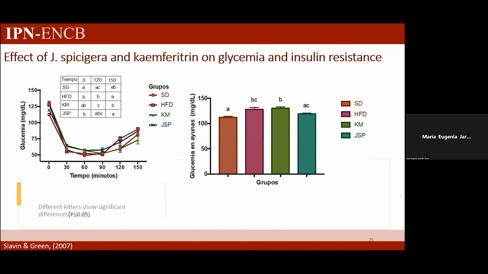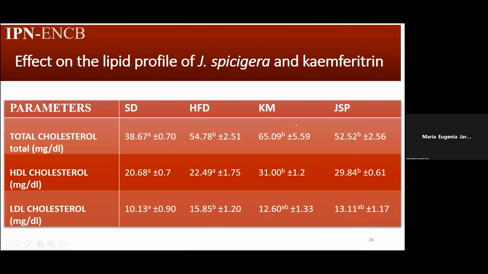In the case of glycemia and insulin resistance, we found that the best treatment was the Justicia spicigera plant, and we didn't find any difference with the kaempferitrin treatment. Kaempferitrin is a flavonoid which we found, as you see, in the highest concentration in the plant.